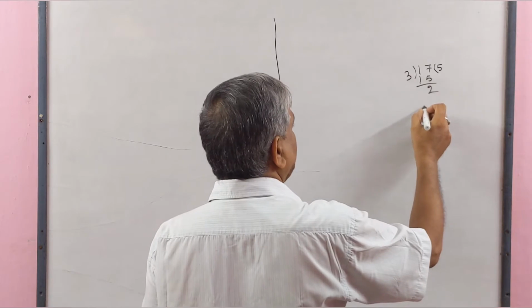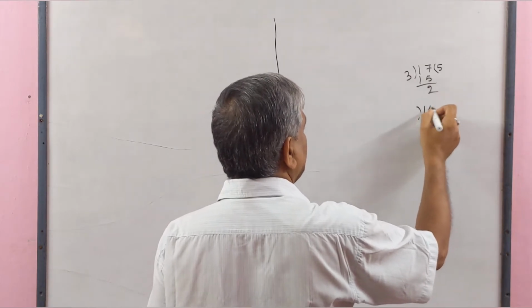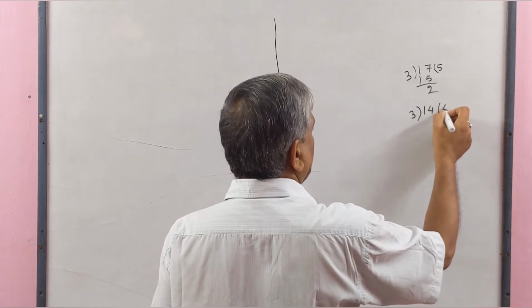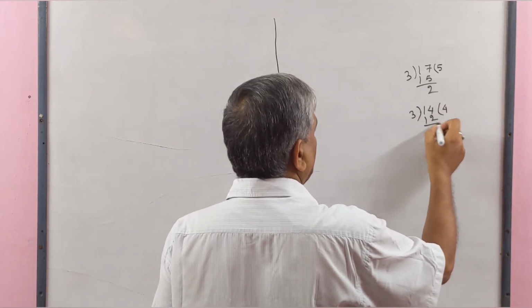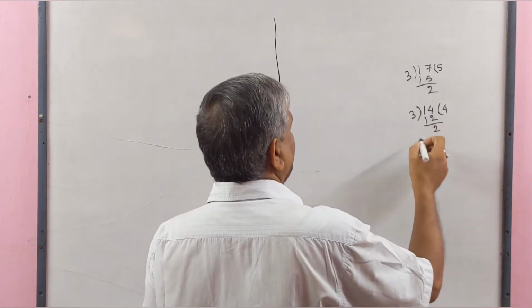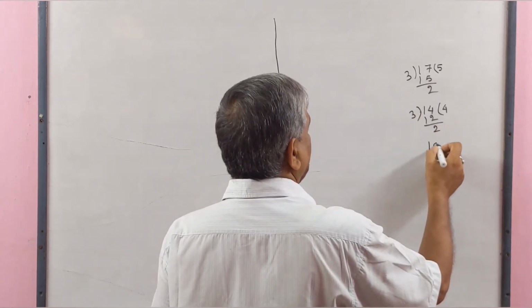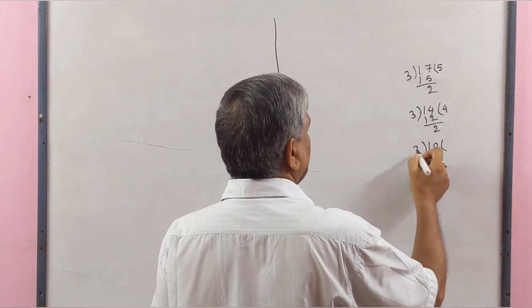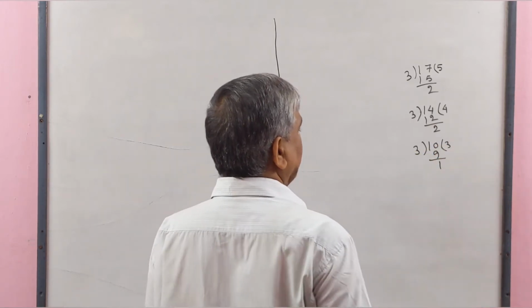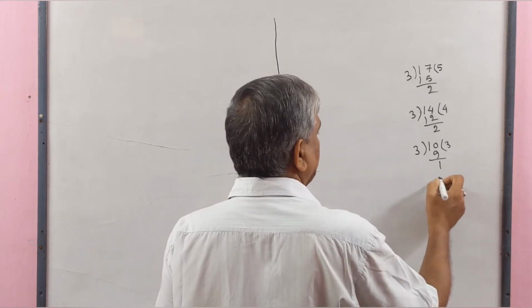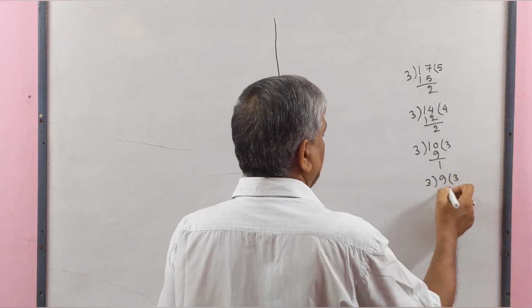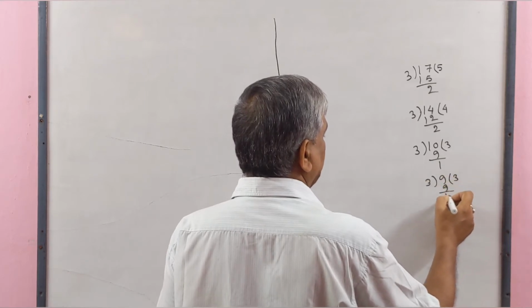If 14 is divided by 3, we get remainder 2. If 10 is divided by 3, we get remainder 1. If 9 is divided by 3, we get remainder 0.